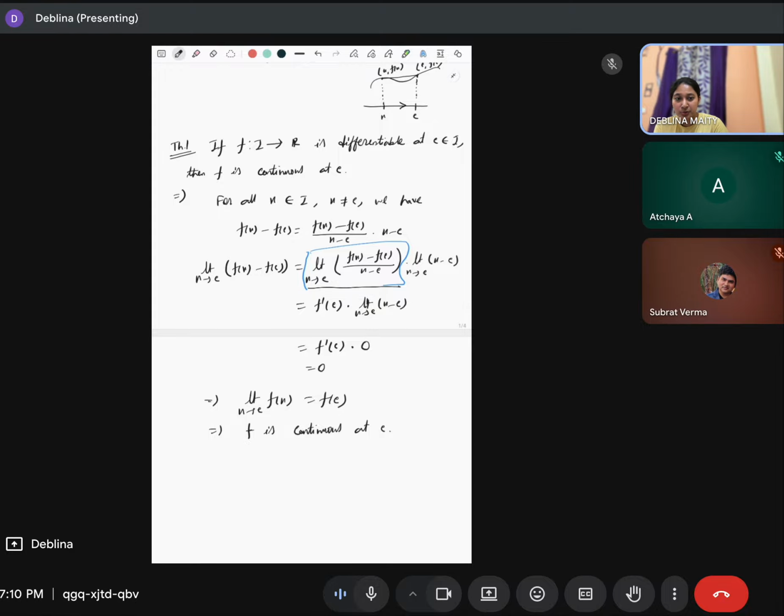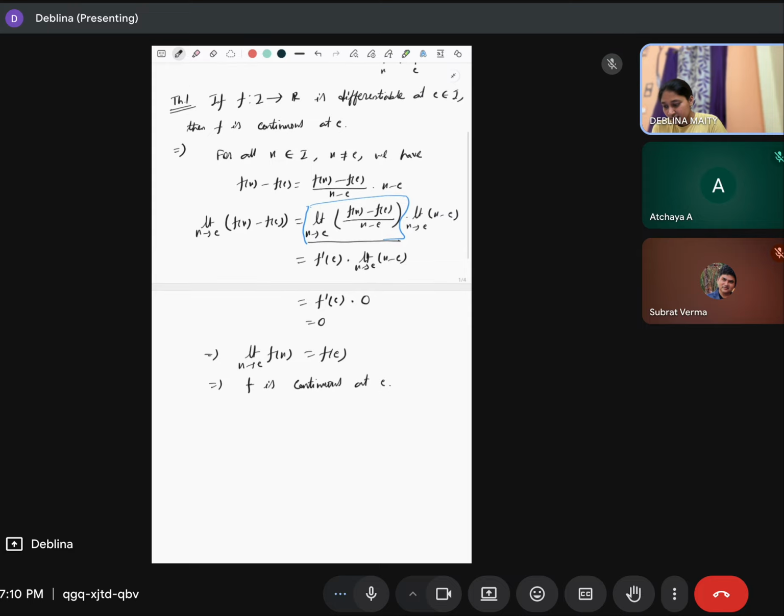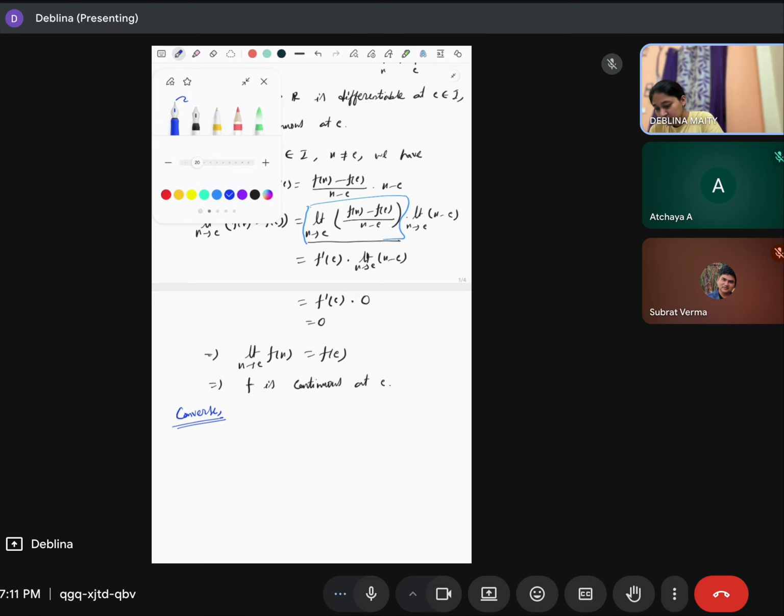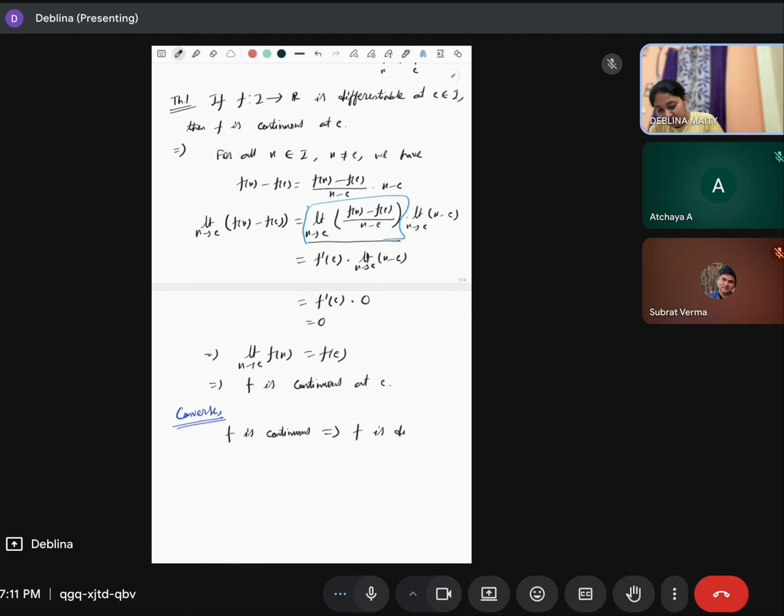Now is the converse true? If f is continuous, will it imply f is differentiable? No, because there are examples.